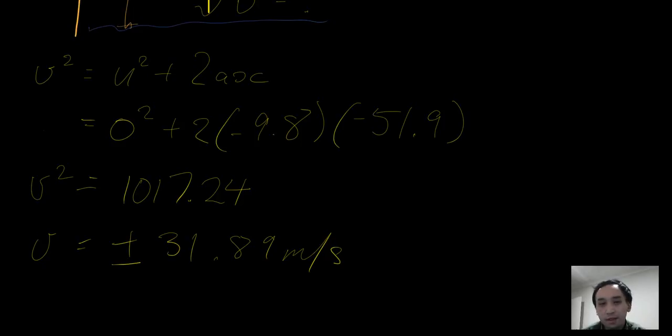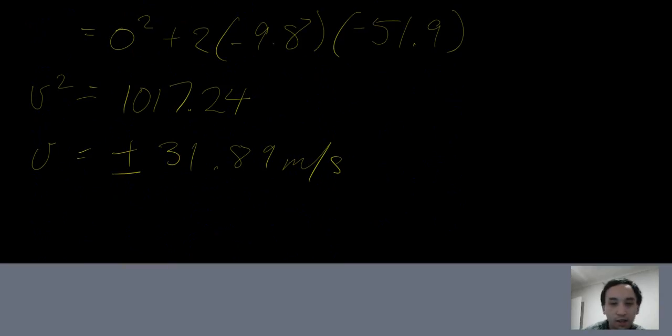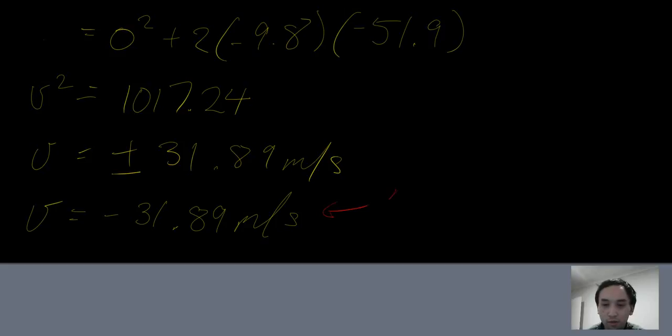But remember, our stone is going downward, and going downward means that we have a negative velocity. So we actually need to take the negative solution over here. So the final velocity is negative 31.89 meters per second, and this is negative because it's traveling downward.